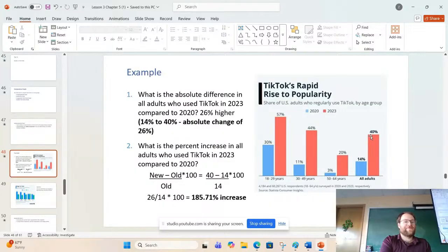That's pretty close to the 40 there. Tripling would mean a 200% increase. So 185.71 seems reasonable for that.